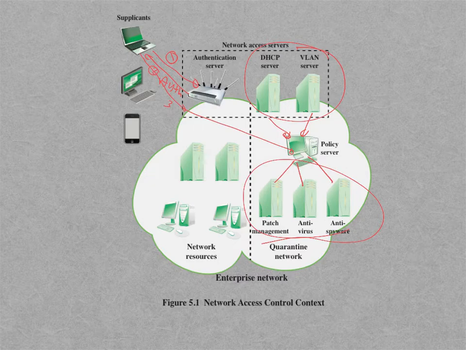From the physical topology point of view, there are certain servers that maintain things, for example, the DHCP server maintains IP addresses. Based on the policy, if your port is authenticated, then I will give you access to a specific subnet. A subnet is defined by a range of IP addresses.